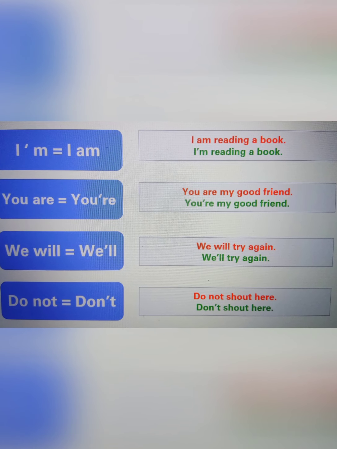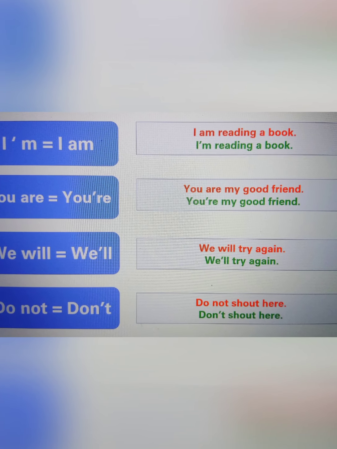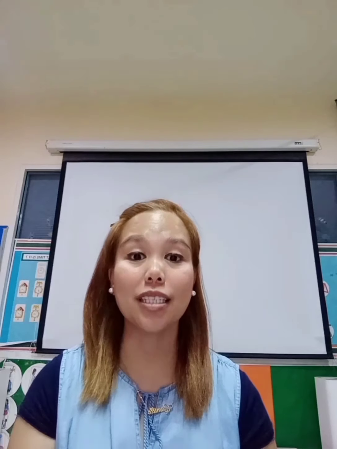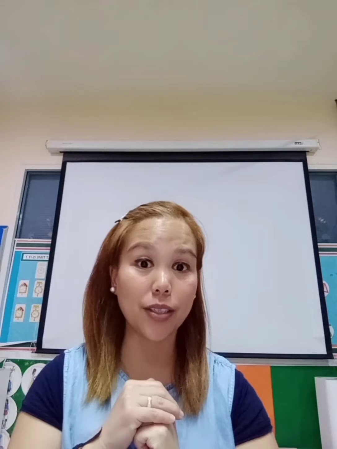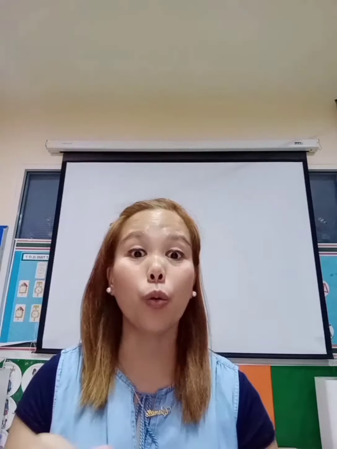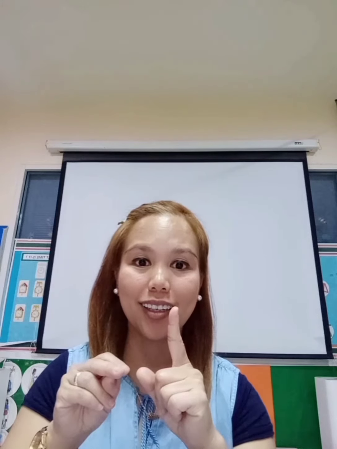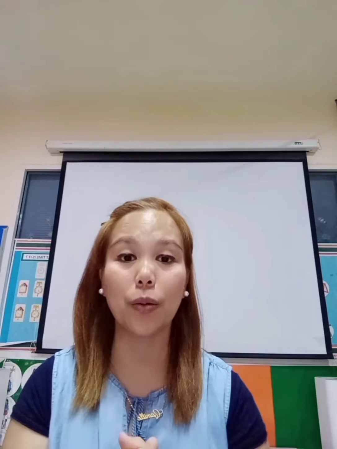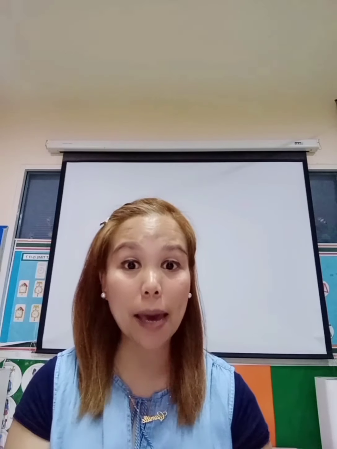Let's try to look at the next slide. This time, Year 1, in slide number 3, you will see two different sets of boxes. The first set are the purple ones with the contracted words, two words that became one. Beside them are the sentences wherein we use the contractions. Example is I am.